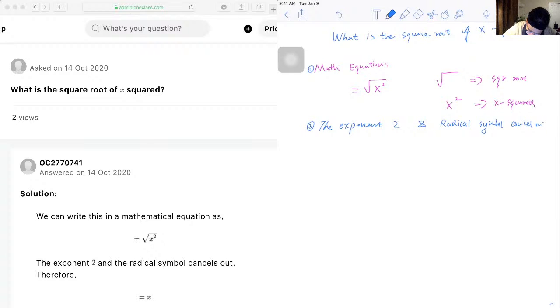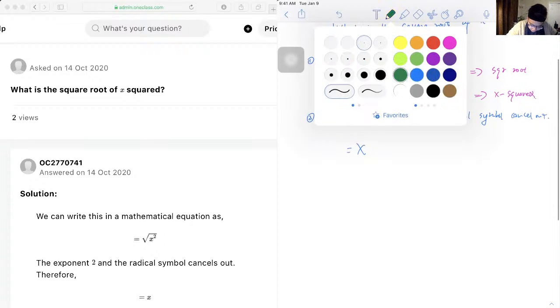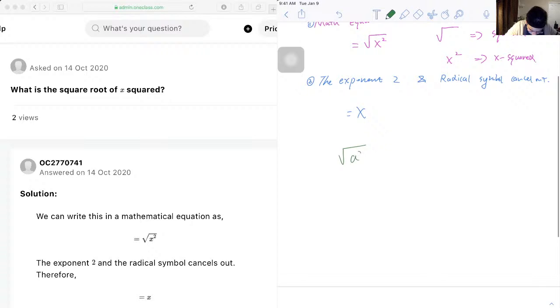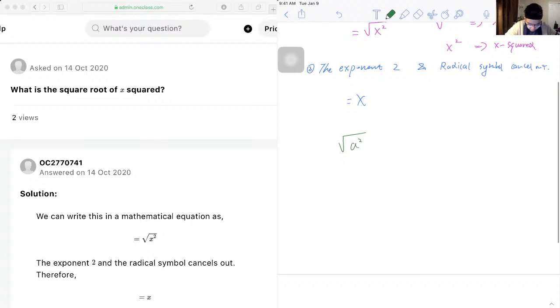So we just have x in the end. So just remember, the square root of anything squared is just going to be equal to the number itself, because the exponent part and the radical symbol part will cancel out.